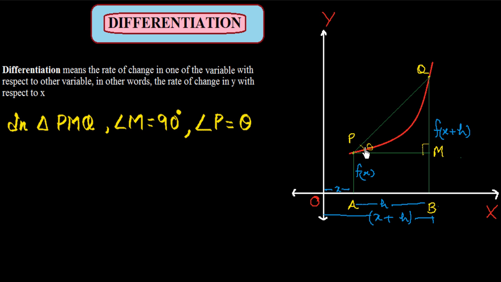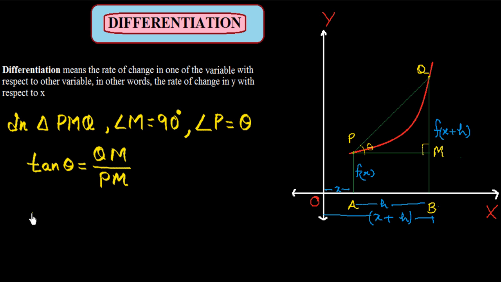So with respect to this theta, QM is the perpendicular and PM is the base. So we find tan theta is equal to QM over PM.